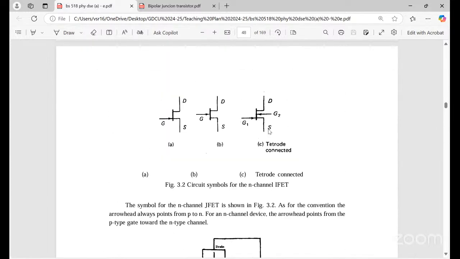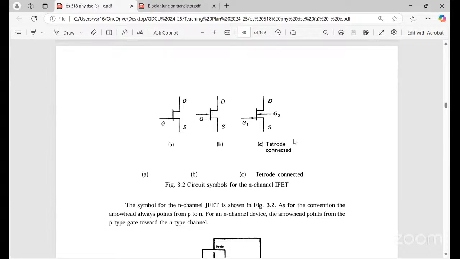So what are these? A tetrode connection. That means source, gate, drain: D means drain, G means gate, S means source. Okay. So in the figures, this is a tetrode connection with four terminals, G1 and G2 connected to the source at the gate.